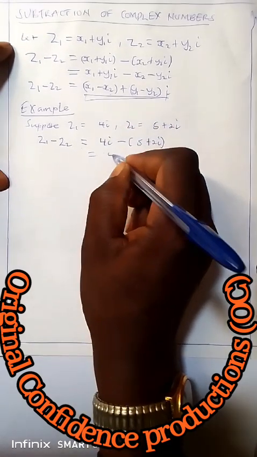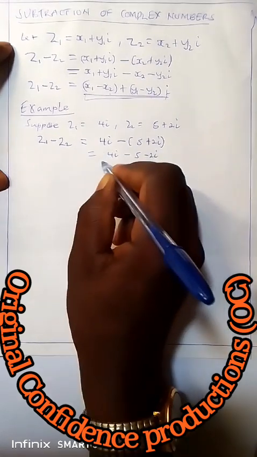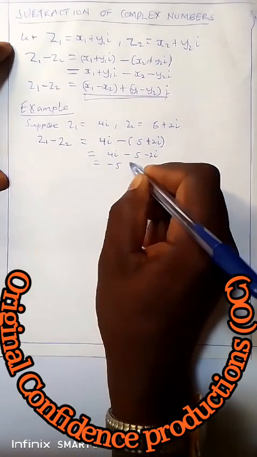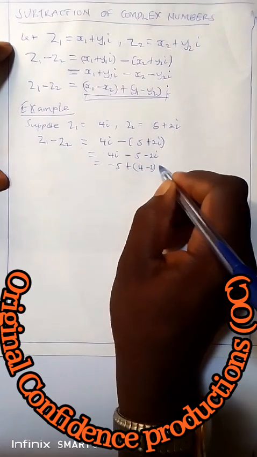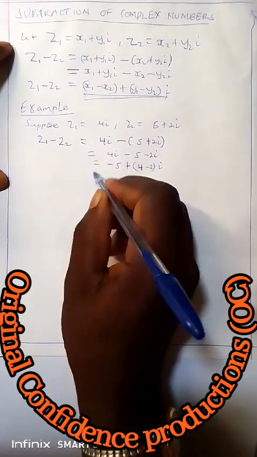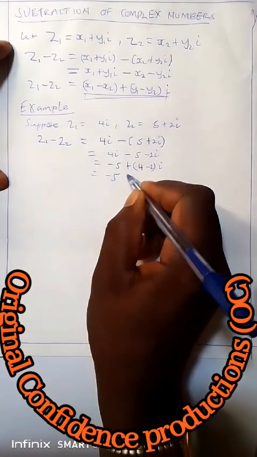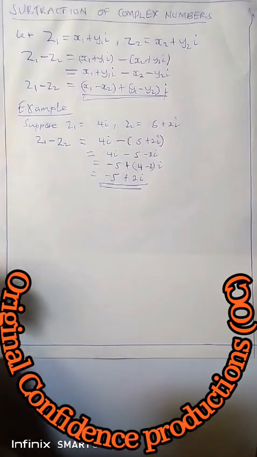So this is 4i minus 5, then minus 2i. We have negative 5, then plus 4 minus 2, then i. We shall have this one minus this as y1 minus y2. So we have negative 5 plus 2i. This becomes our final answer in this case.